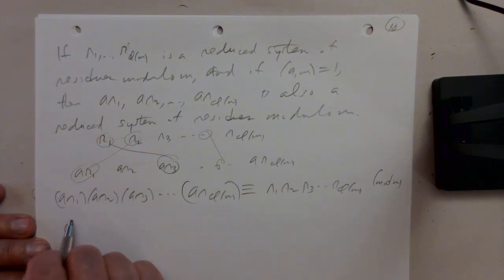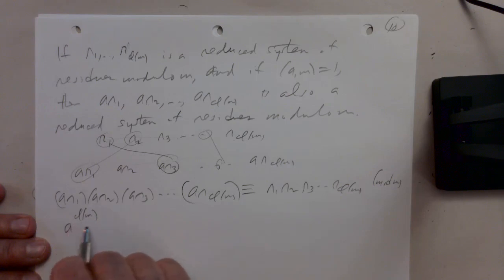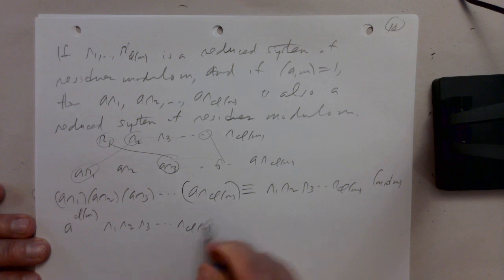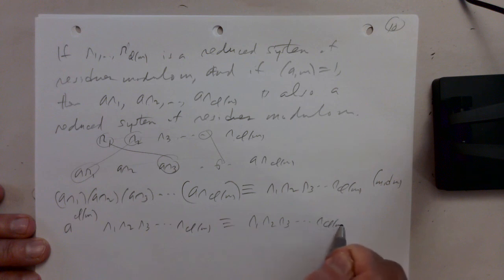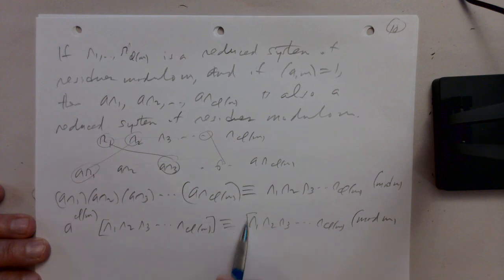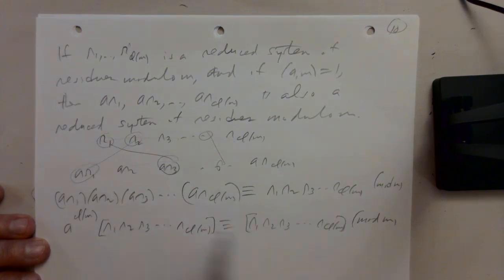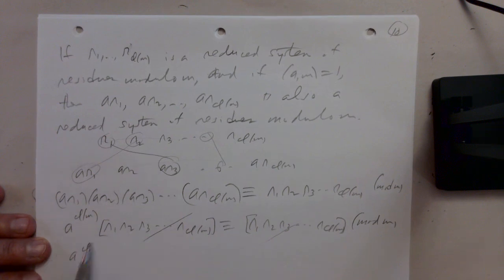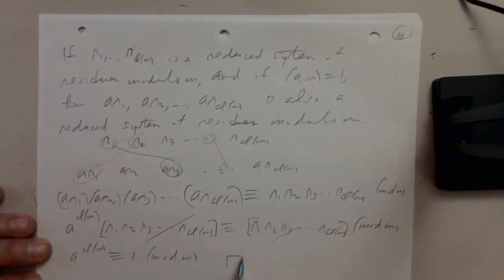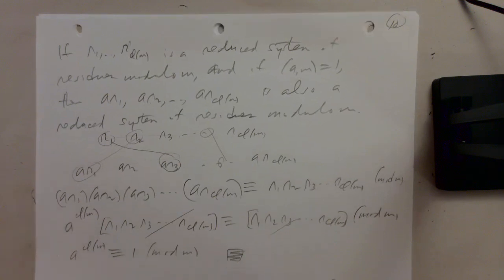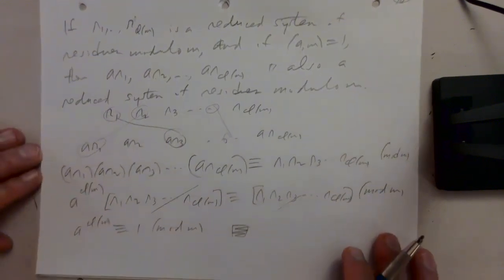I have A to the power phi of M times R1, R2, R3, up to R sub phi of M, congruent to R1, R2, R3, up to R sub phi of M, mod M. And this integer, we can cancel them. So therefore, A to the phi of M is congruent to 1 mod M. That's the proof of the Euler-Fermat theorem.